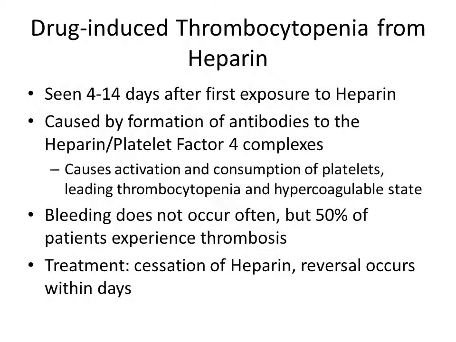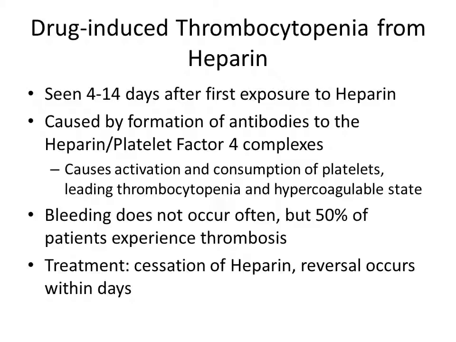Alright, we're talking about drug-induced thrombocytopenia, and the way you can differentiate between drug-induced thrombocytopenia and TTP is by the patient's history. If they are on drugs like heparin, and there's other drugs that can lead to this, you should think of DIT.